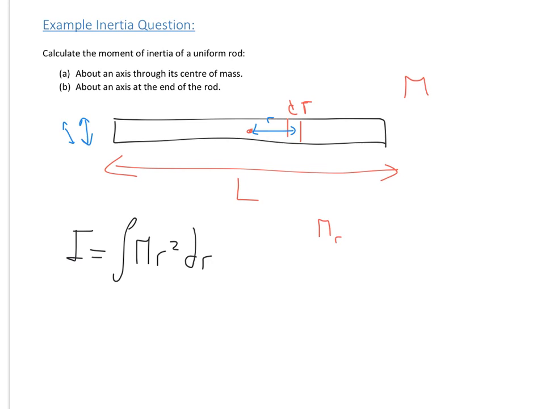Well, to get the mass of this small section, the mass of the little section, the total mass divided by the length. So this gives you the mass per unit length, and then you multiply it by the length, which would tell you the mass of this little length.